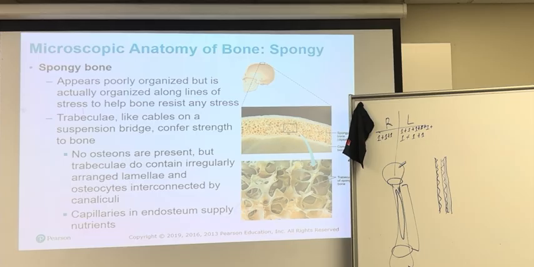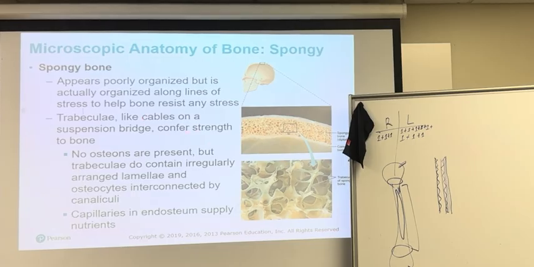Now let's talk about the spongy bone. Spongy bone does not have any osteon. Who has osteon? Compact bone. The structural unit of the compact bone is the osteon, but spongy bone does not have any osteon. It appears poorly organized but is actually organized along lines of stress to help bone resist stress.